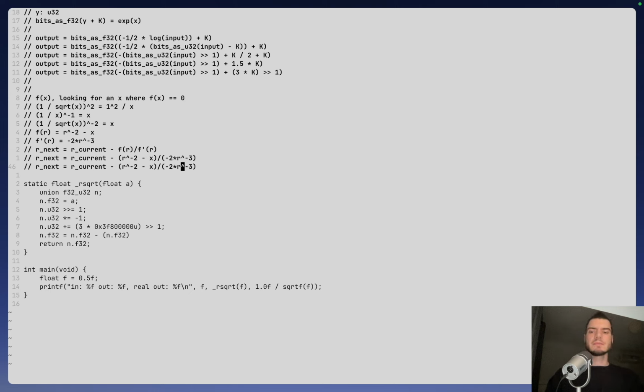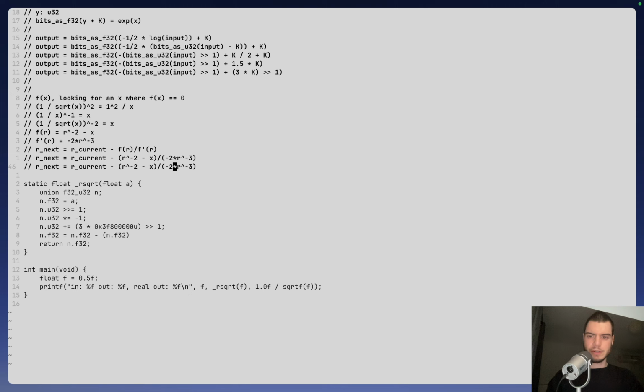Minus 2 times r to the power of minus 3 is minus 2 divided by r to the power of 3. So that whole thing, basically we can take the inverse of this part.